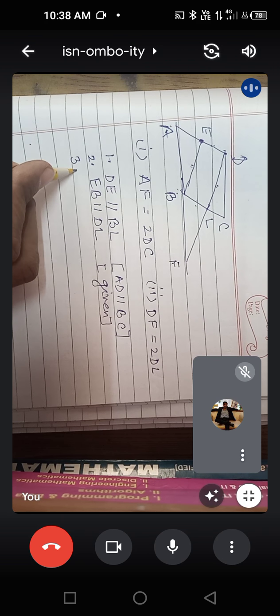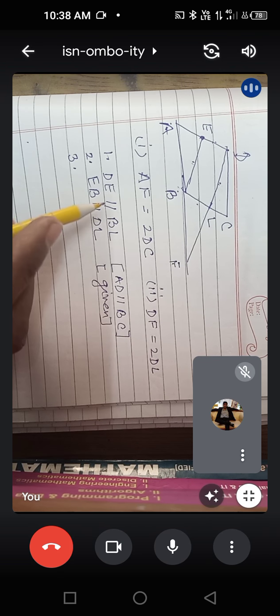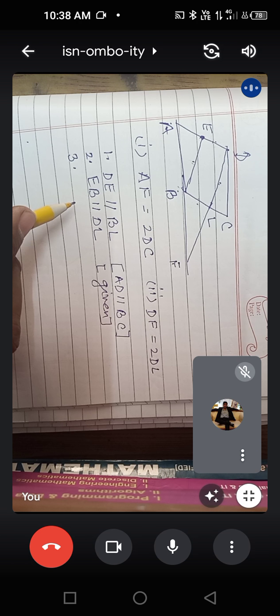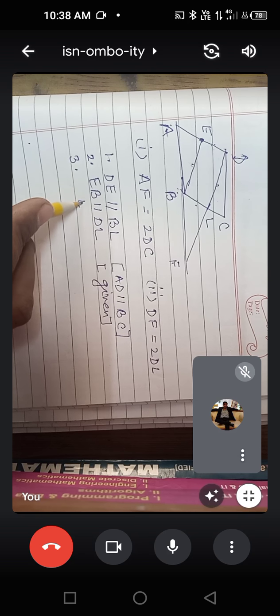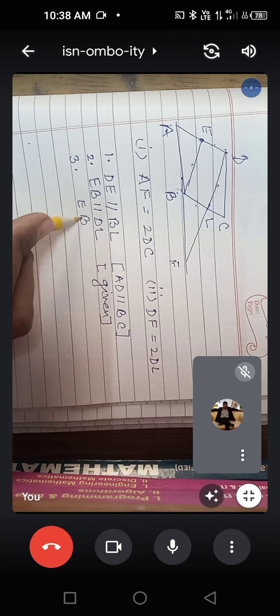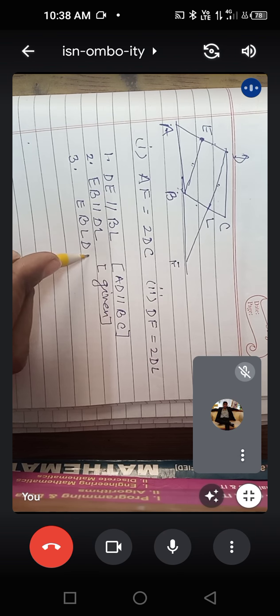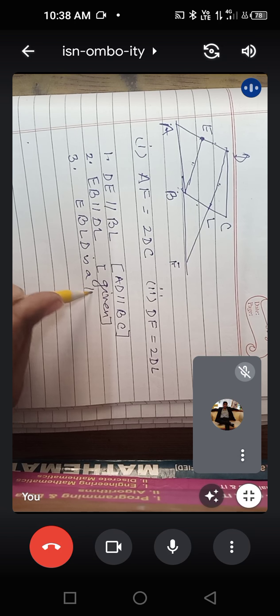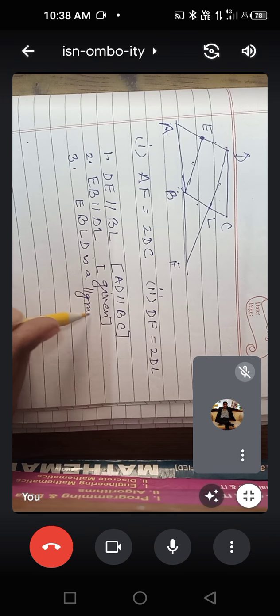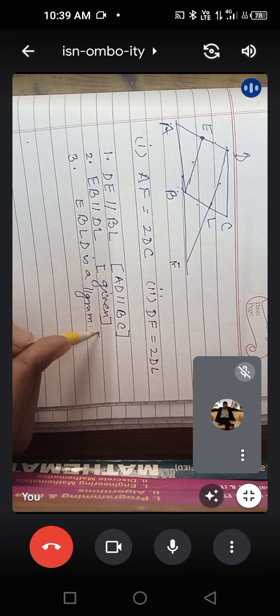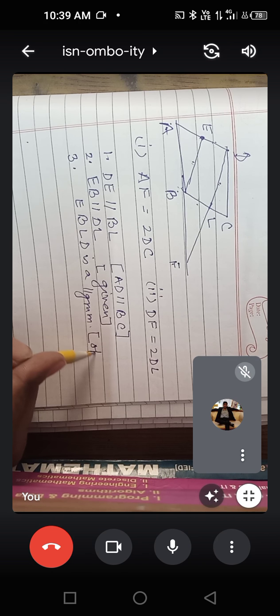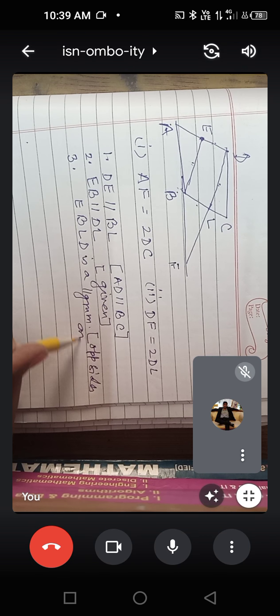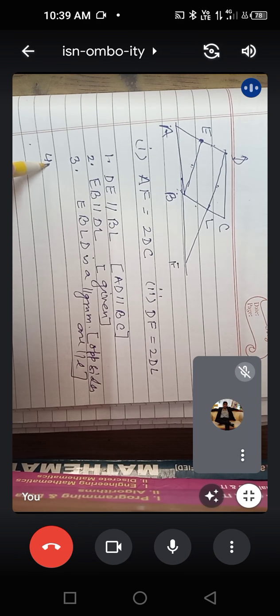Third one, you see, therefore DEBL is a parallelogram, isn't it? Therefore EBLD is a parallelogram. The reason is opposite sides are parallel.